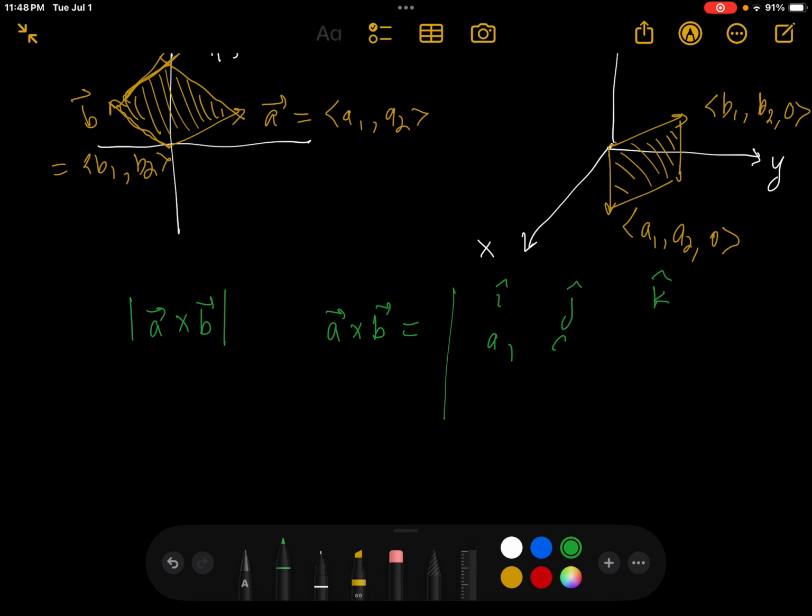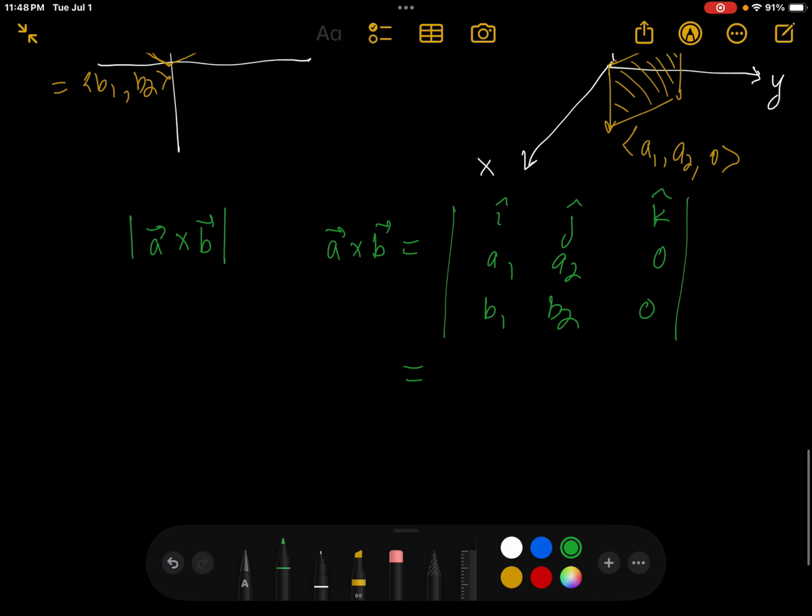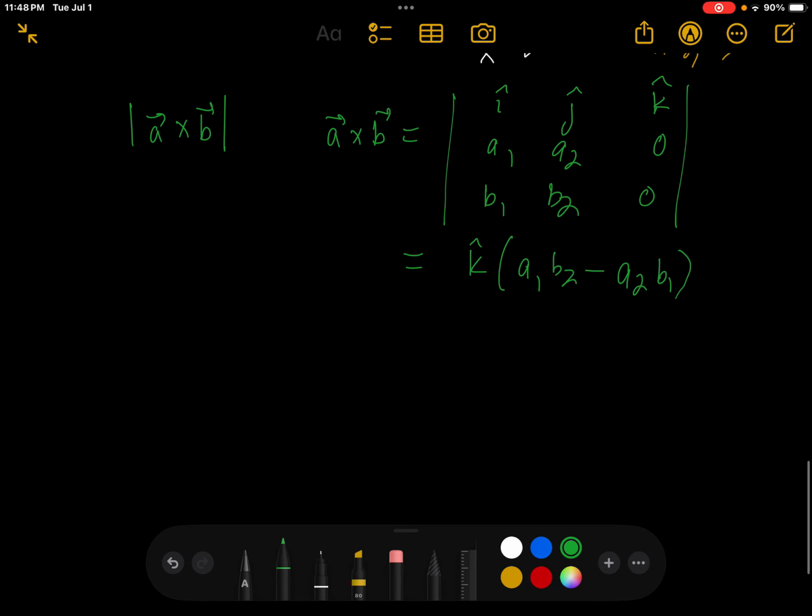Like this. Well, A is A1, A2, 0, and B is B1, B2, 0. And when you take the cross product, you'll see that this is k hat times A1 B2 minus A2 B1. And so the magnitude is equal to the absolute value of A1 B2 minus A2 B1.